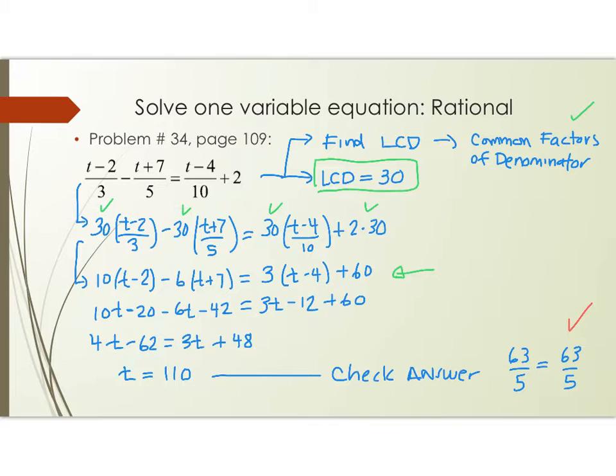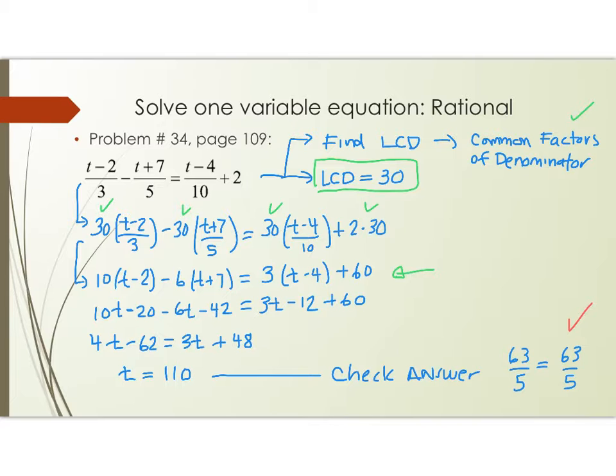Well, the 5 cancels into the 30 and we get 6, and then 10 goes into 30 three times, so 3 times t minus 4 plus 60, which is 2 times 30.